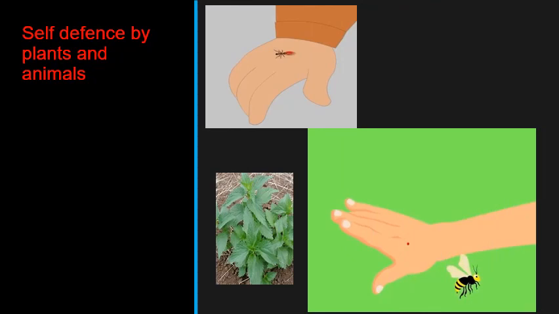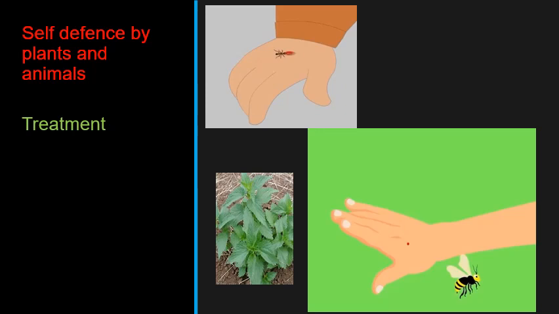Then how can you treat the acid induced into your skin by these animals or plants? As it is an acid, if you wash with a base, it will be cured very easily. Remember this. You have to neutralize the effect immediately.